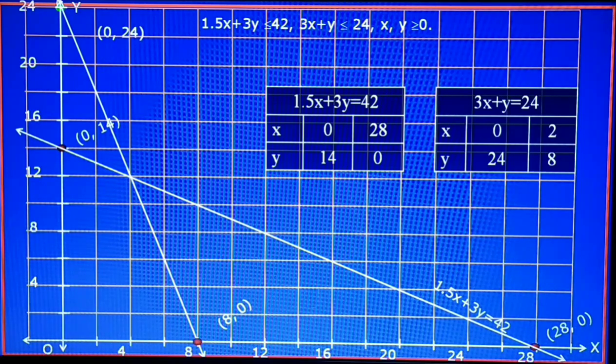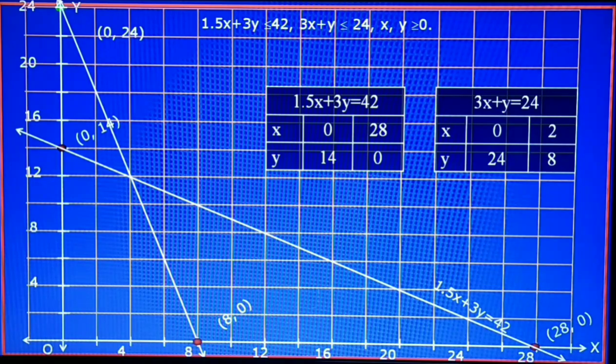Now we have to decide which portion we have to shade. When you take x is equal to 0 and y is equal to 0, from inequality 1.5x plus 3y is less than or equal to 42, we'll get 0 is less than 42, which is true. So therefore, origin is one of the solutions of that inequality.